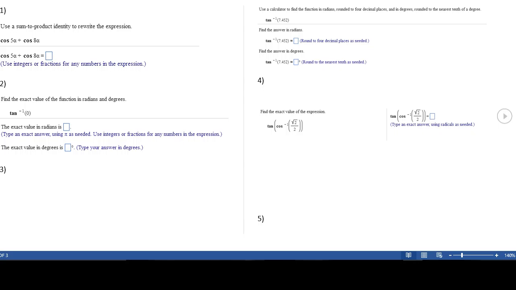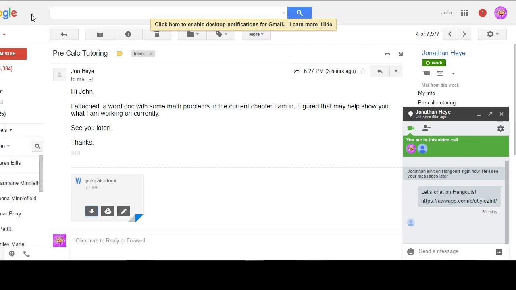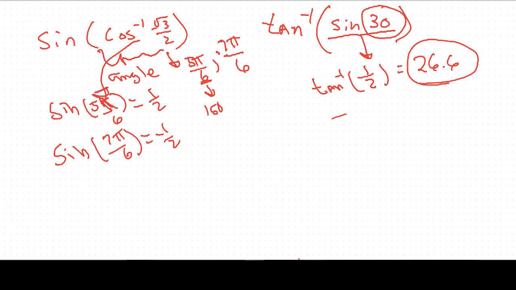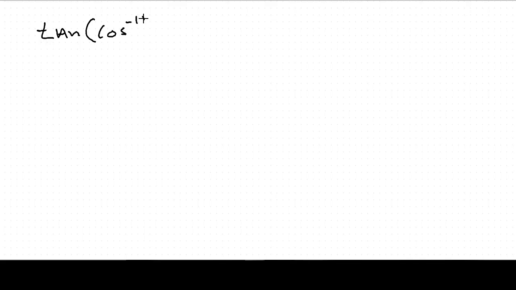So let me see if I can make that more clear. We have tangent of cosine inverse of root 2 over 2.